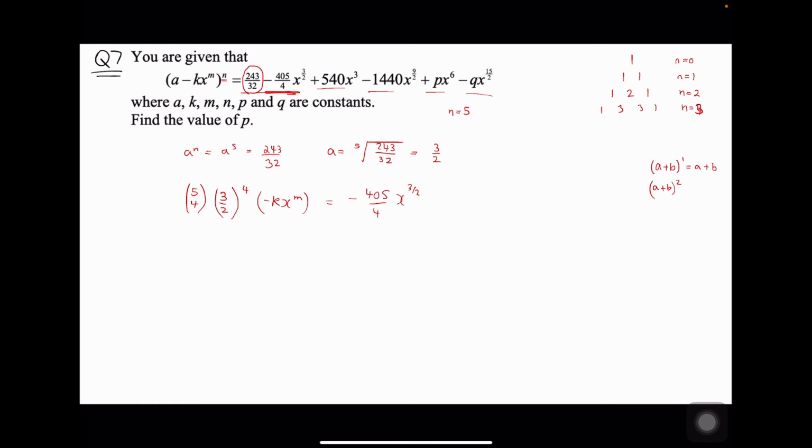Okay, so now we need to simplify. 5, 3 over 2, 16, no, 16, 81. Leave that like this.